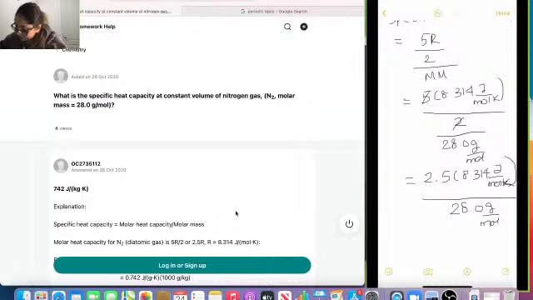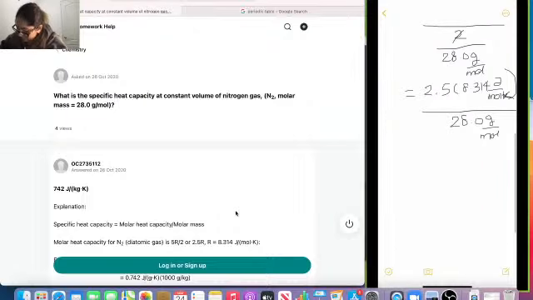And so if we do the math here, we will approximately get 0.742 joules per gram Kelvin.